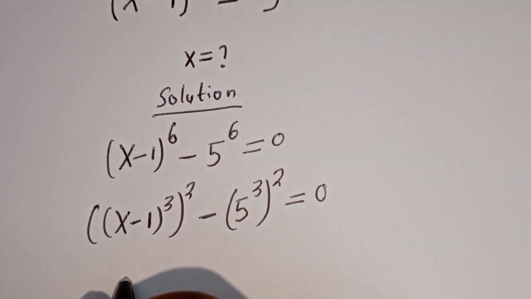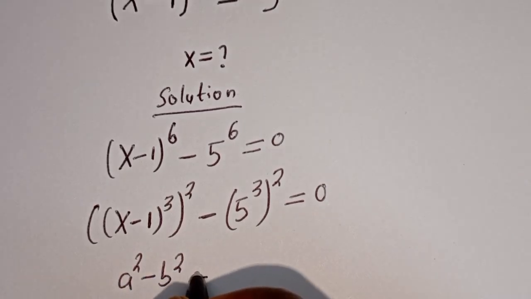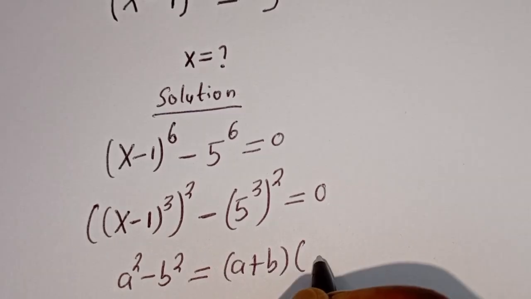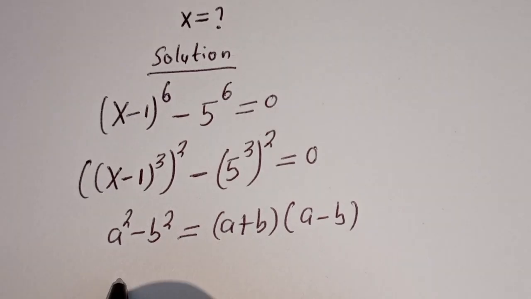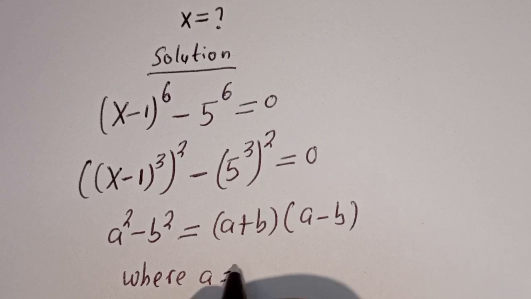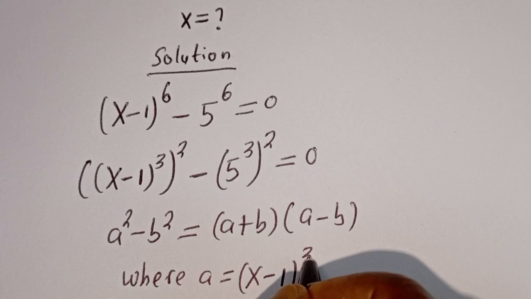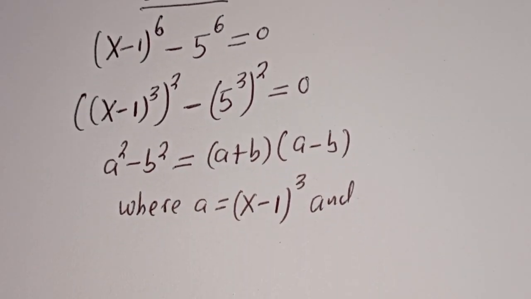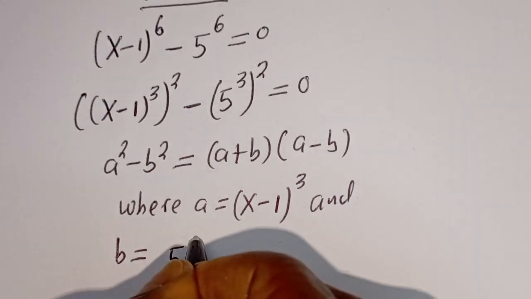That is, if you have a squared minus b squared, this is equal to (a plus b)(a minus b). Now where a is equal to (x minus 1) to the power of 3 and b is equal to 5 to the power of 3.